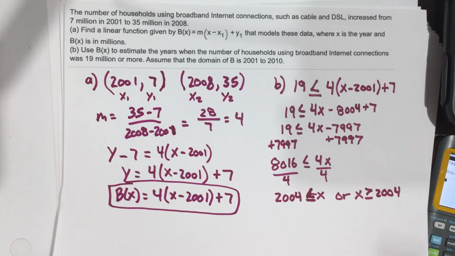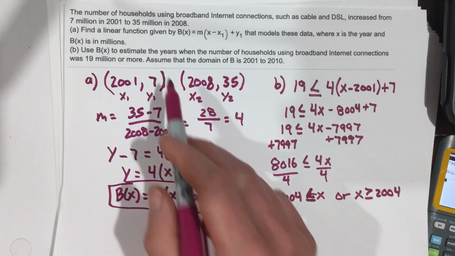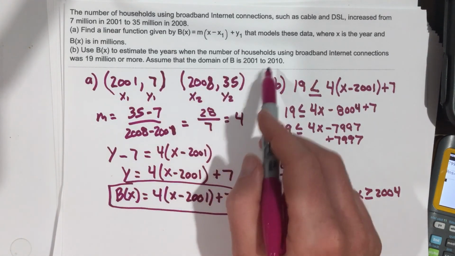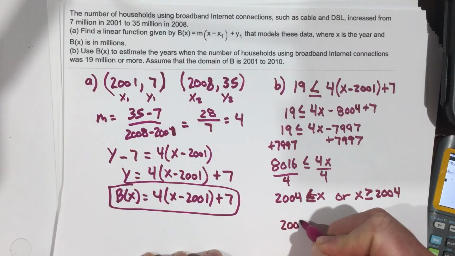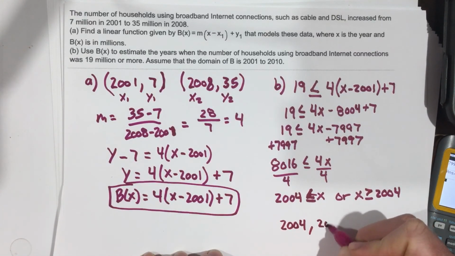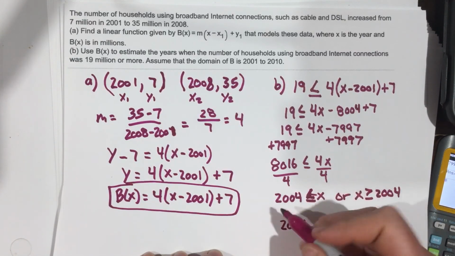Anytime beyond 2004, we're above 19 million broadband connections. So it says assume the domain of b is 2001 to 2010, so what it really means is from 2004 up to 2010 would be your solutions there.